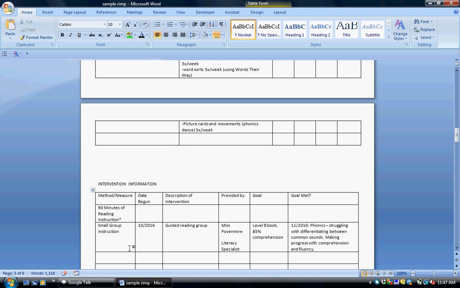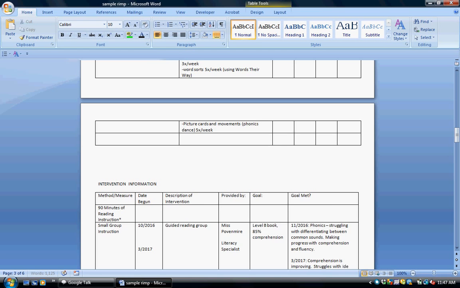Alright, so we are revisiting our intervention instruction. It is officially March of 2017. Because we're still hanging in there. Comprehension is improving.